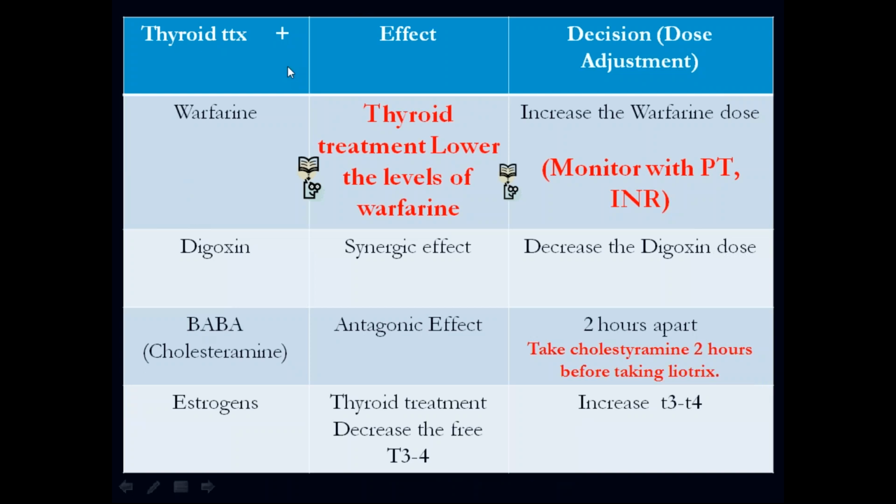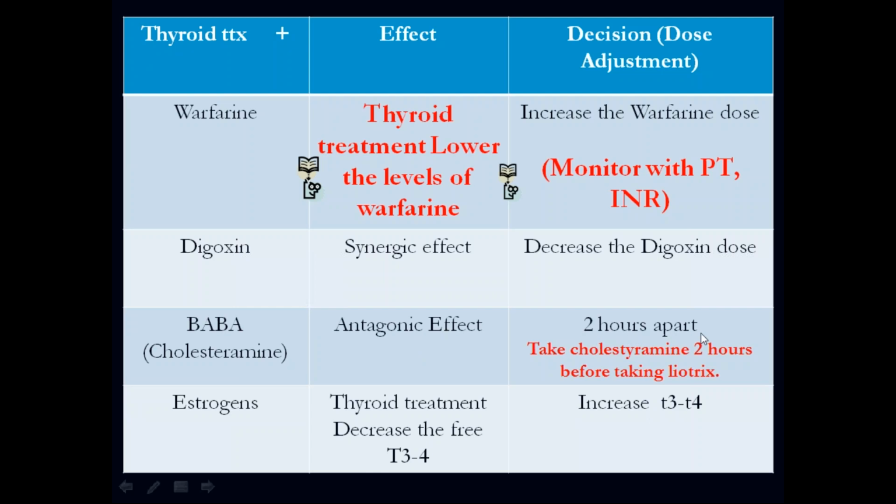Open eyes, open ears. Here, with warfarin, thyroid treatment lowers the level of warfarin. What we need to do is increase the warfarin dose. Digoxin has a synergistic effect, so decrease the digoxin dose. We have cholestyramine, a bile acid sequestrant, with an antagonistic effect.